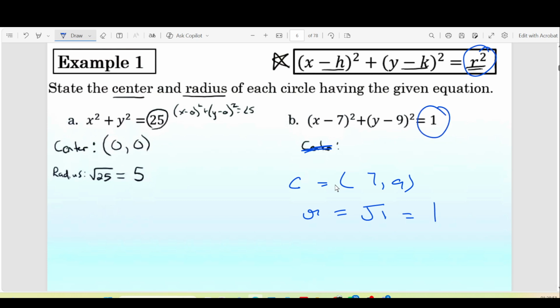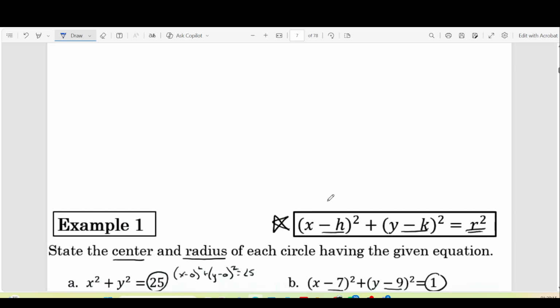Wasn't that just 1? Yes, just 1. So 7 comma 9. On the graph, first you need to check these coordinates. First always plot the center, and then just go whatever the radius is, and you will get the circle, right?